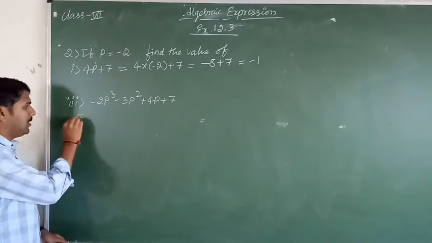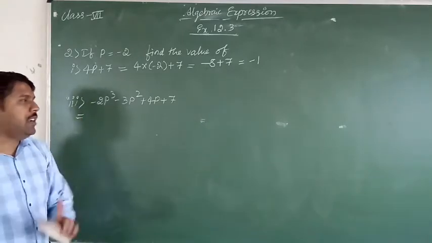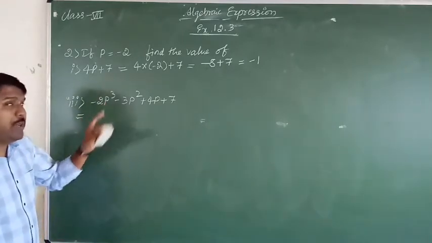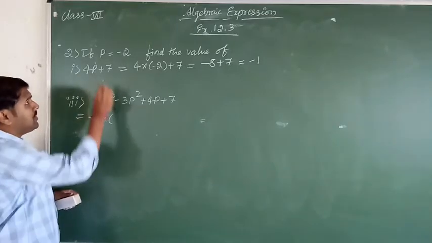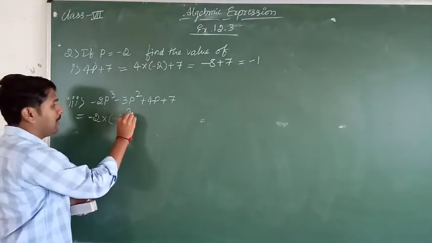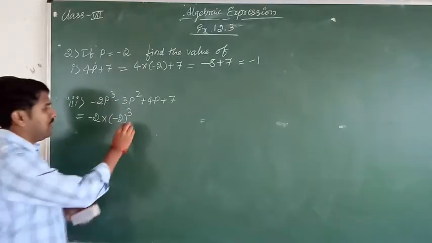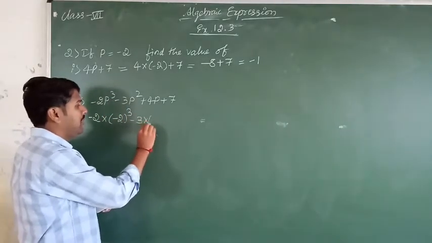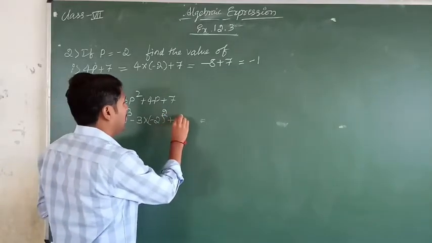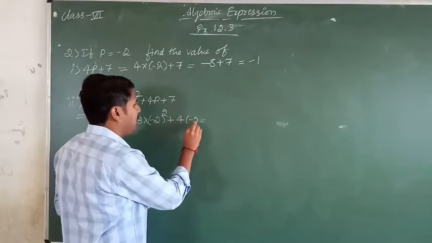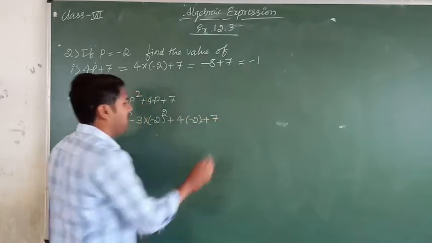So next, the second question, write the third one yourself: minus 2p cube. Okay, so put the values: p value is minus 2. Cube. Next, 3 into minus 2 square plus 4 into minus 2 plus 7.